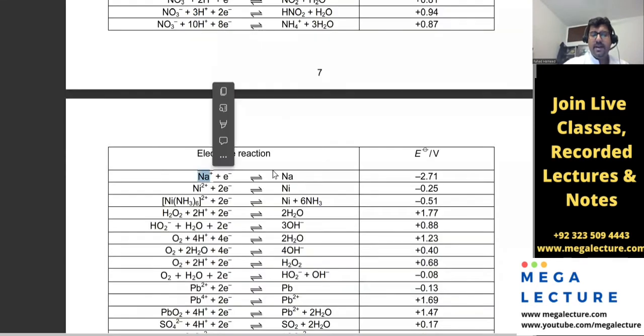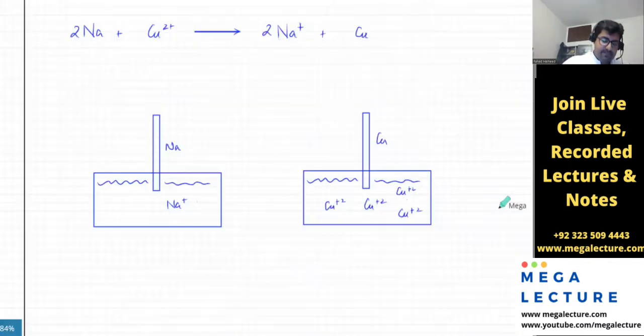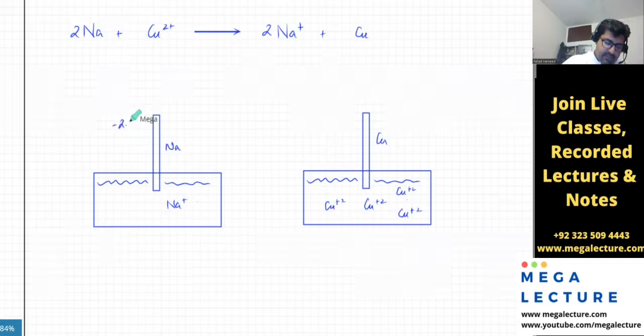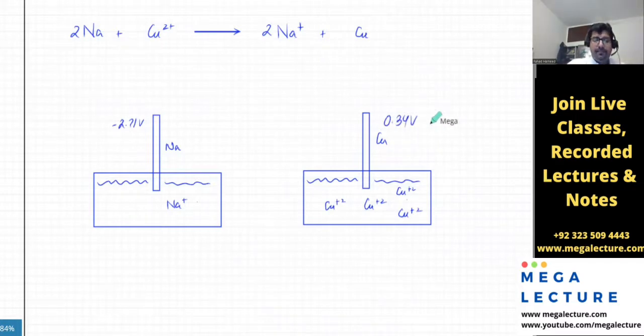Sodium ions in equilibrium with sodium, that's minus 2.71. Both these values are given. So I'm going to write these values. This electrode is minus 2.71 volts, while the other one over here is 0.34 volts, right?